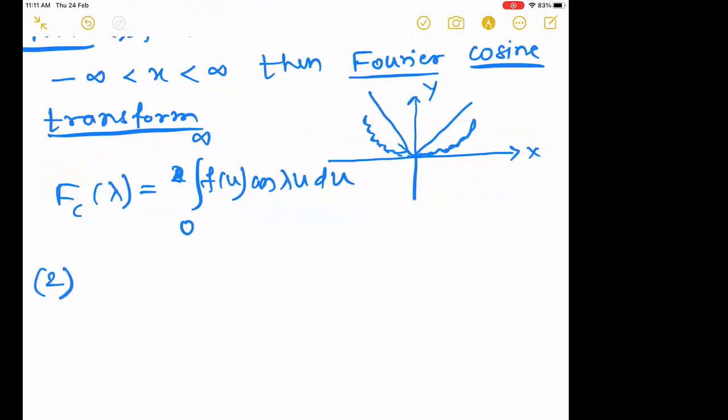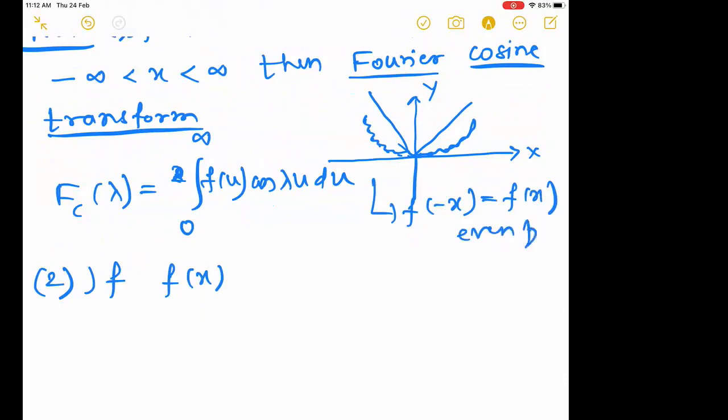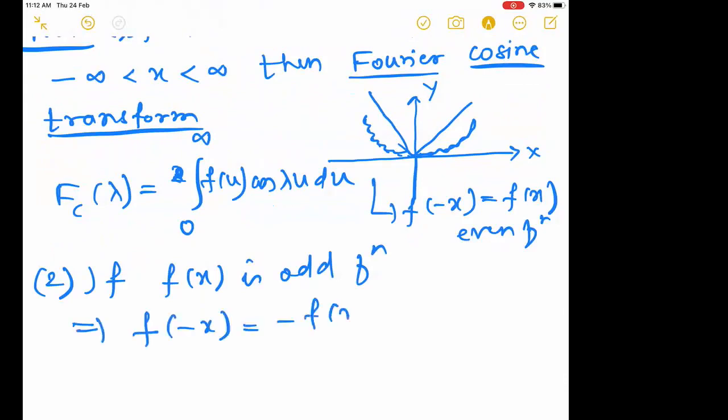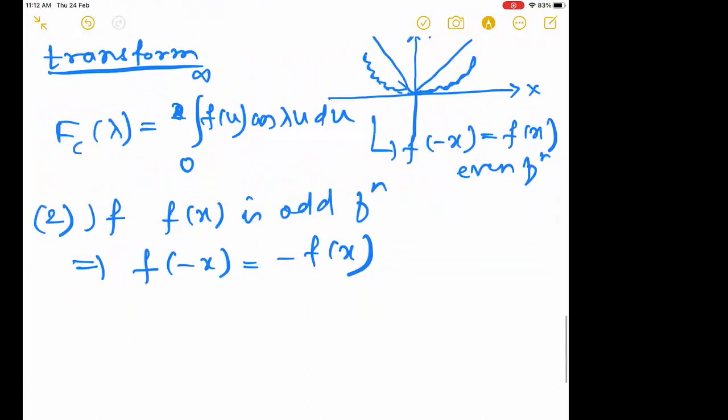And second, if the function is an odd function, then the definition which sir has told me, f(-x) is equal to f(x), is the definition of the even function. If f(x) is an odd function, that means f(-x) will give you the negative value only, minus f(x).